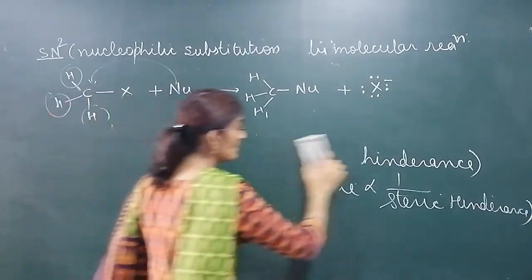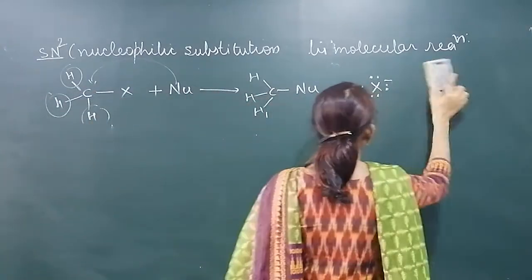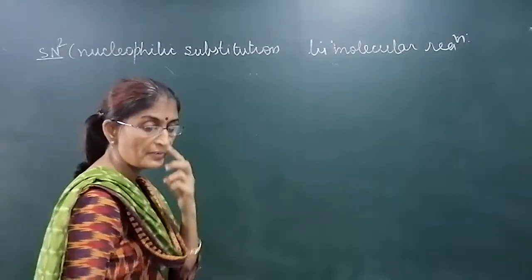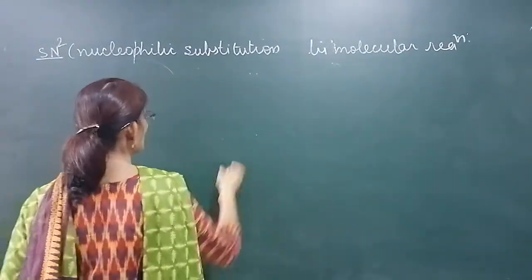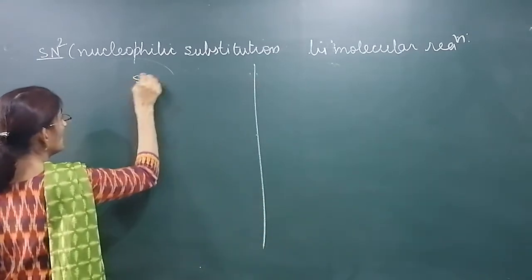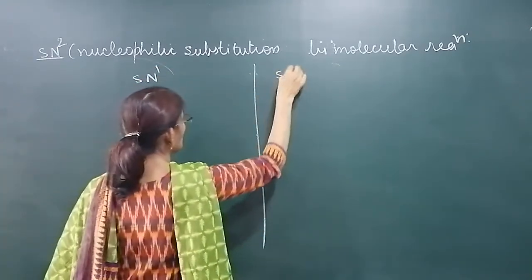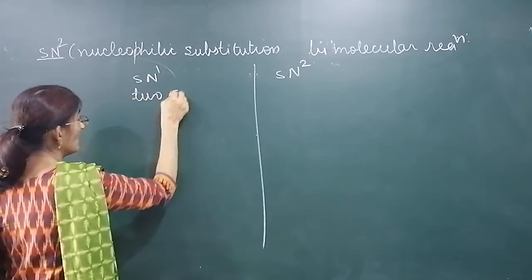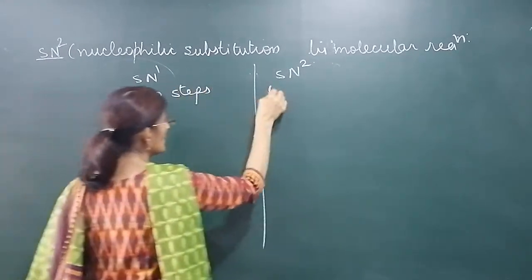Now what is the comparison between SN1 and SN2? If we find out the difference between the two, SN1 and SN2. First, SN1 finishes in 2 steps, while this finishes in 1 step.